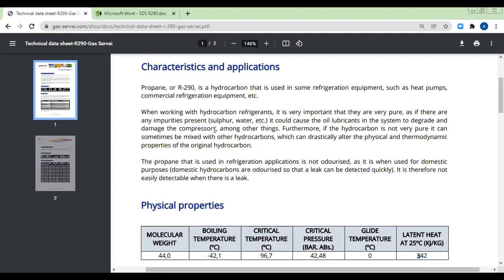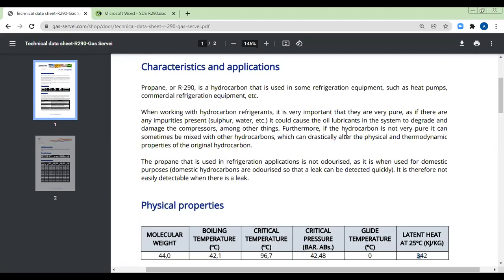If the purity of the refrigerant is compromised, that will damage the system, especially by degrading the lubricants, and that damages the compressors and other components.